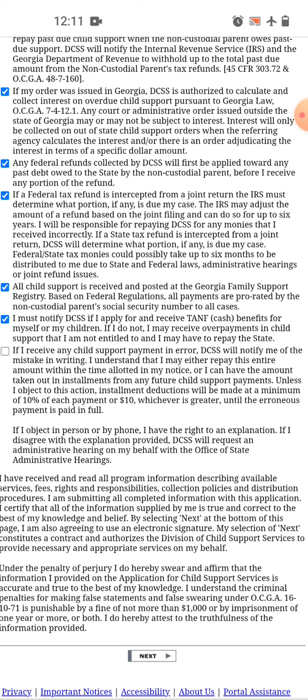See there? Unless I object to this action, installment deductions will be made at a minimum of 10% of each payment, or $10, whichever is greater, until the erroneous payment is paid in full.